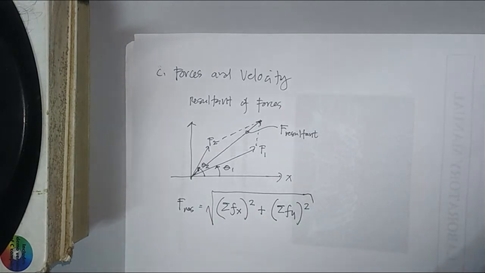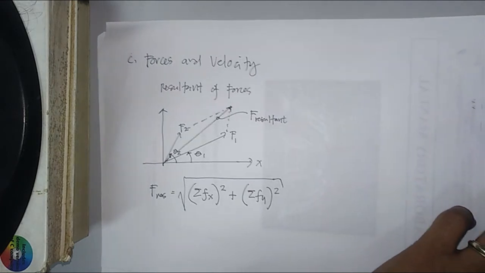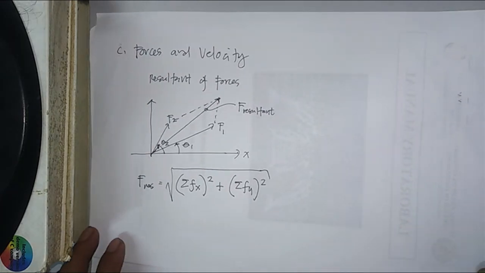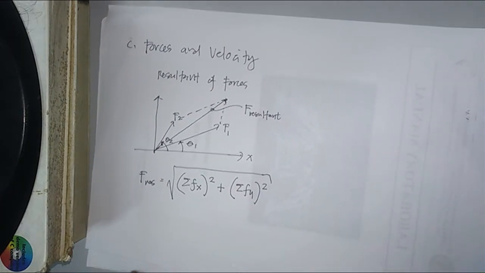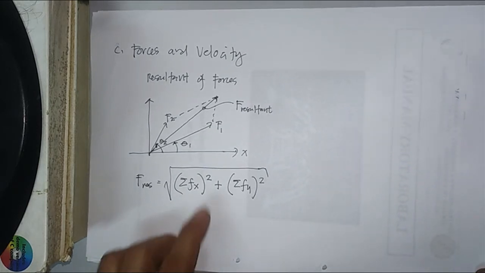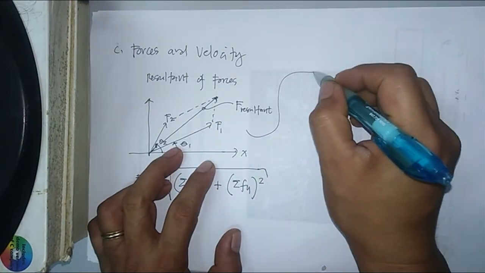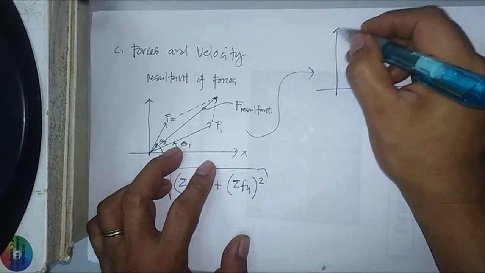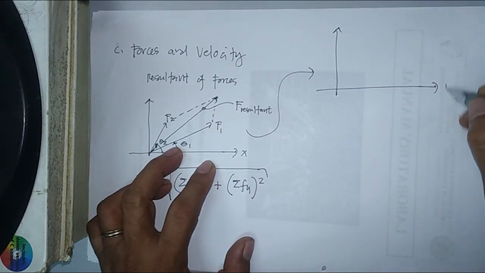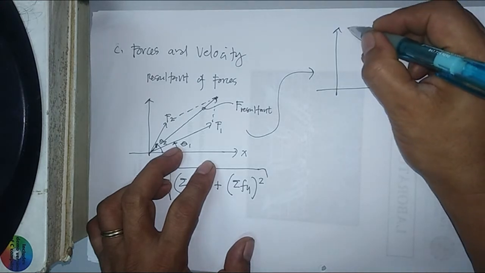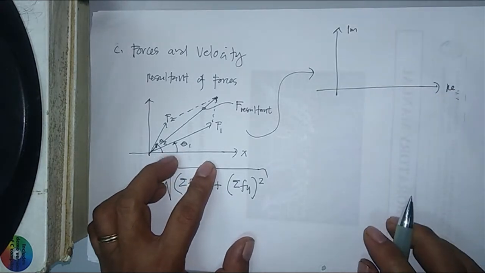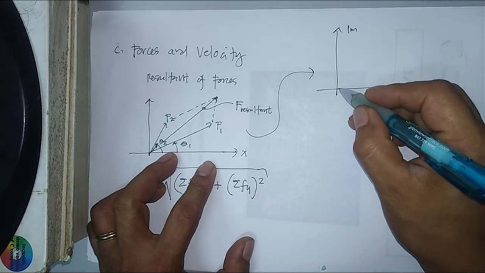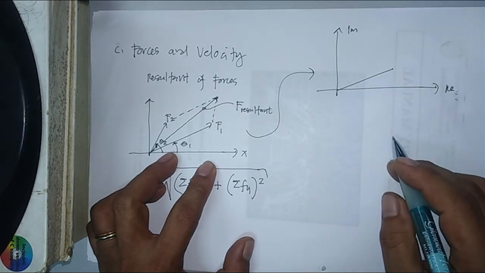Now, in our case, we will be using the polar form of complex numbers. We will convert this axis into the Argand diagram. In the Argand diagram, you have your real axis and your imaginary axis. Now, I will redraw these forces.